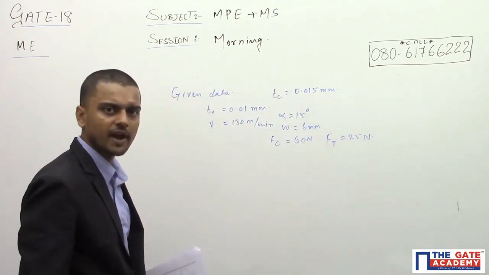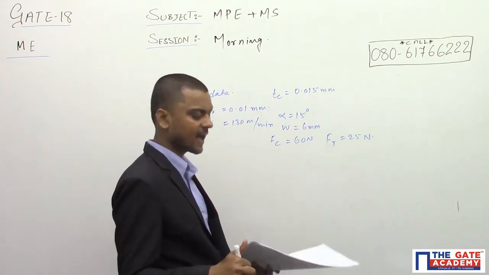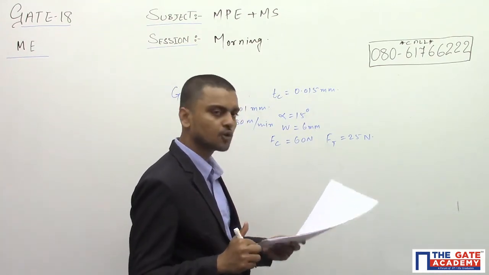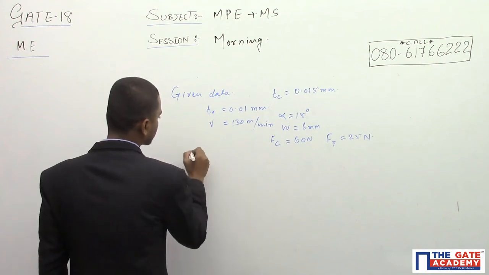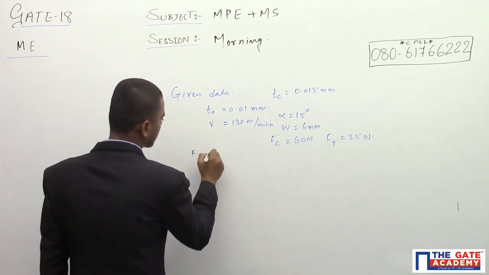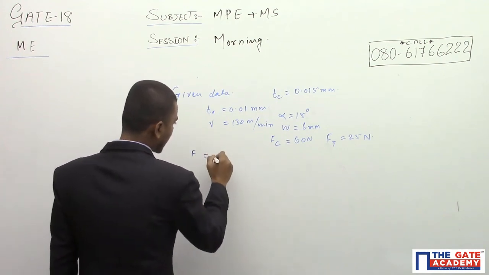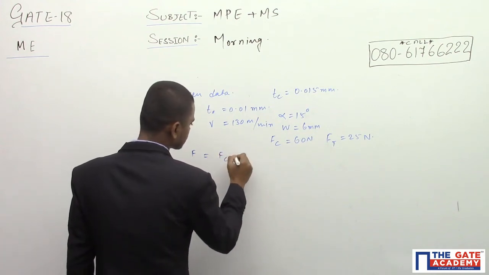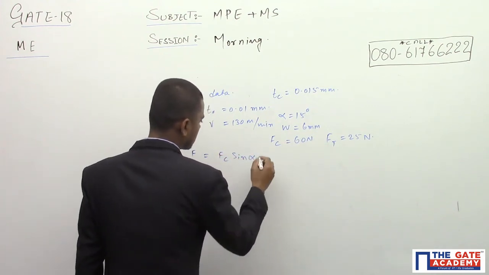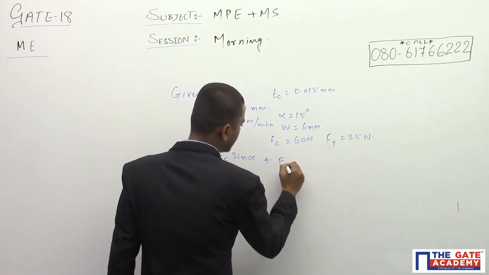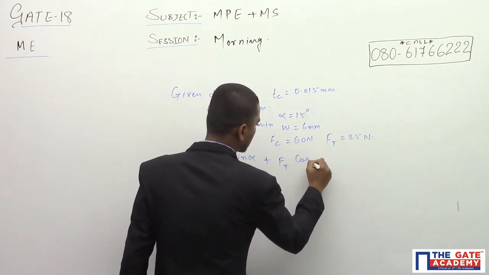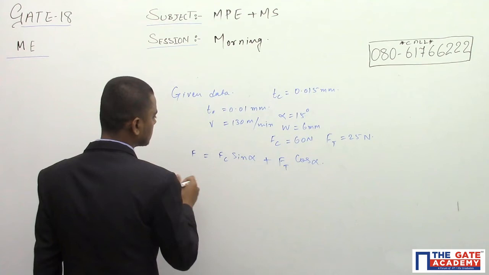Now in this we have to find out the ratio of the friction energy and the total energy. So we know that friction force F is a function of FC sin alpha plus FT cos alpha. We know the formula for the friction force.